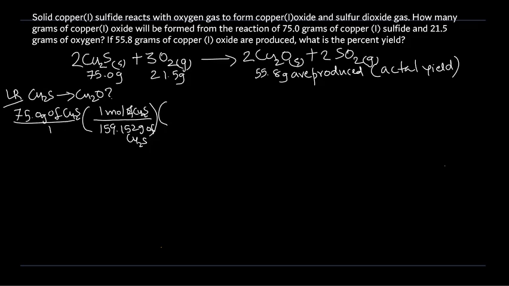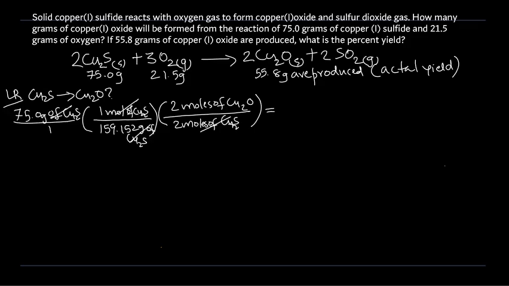The mole ratio between copper(I) sulfide and copper(I) oxide is 2 moles of copper(I) sulfide to 2 moles of copper(I) oxide. So how much is that going to be? Grams of copper(I) sulfide cancels, moles of copper(I) sulfide cancels, and we will have moles of copper(I) oxide.